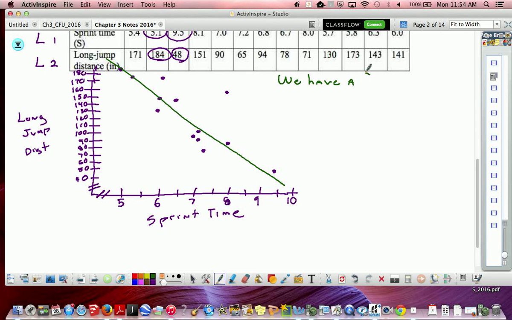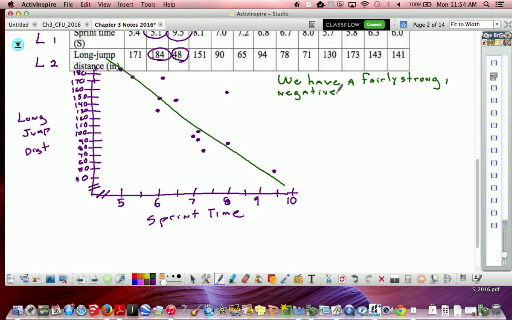We have, and I might even use, fairly strong. Now, do you have to have the word fairly? No. But if you say "we have," I'll look for strength. Strong. Now, is it positive or negative? Negative, so then I talk about direction.